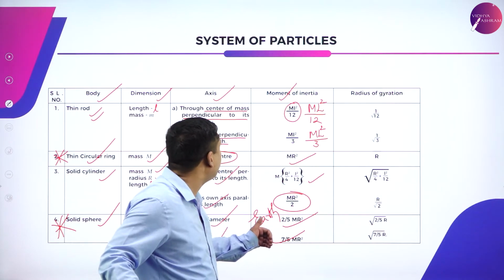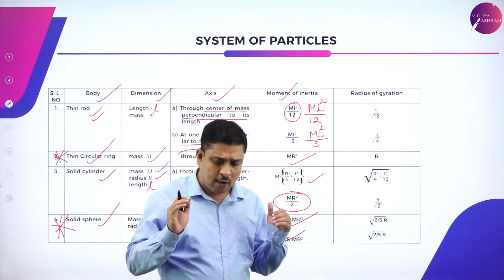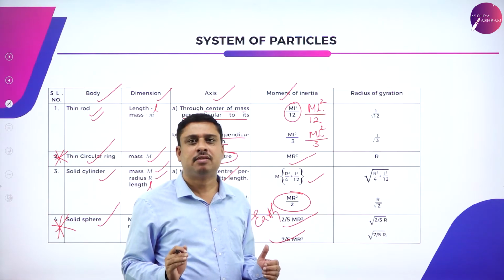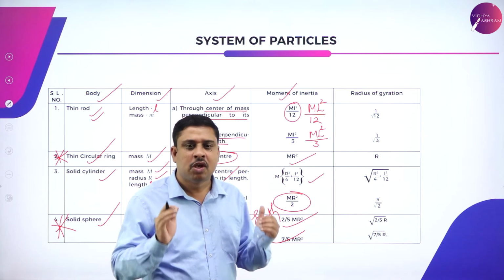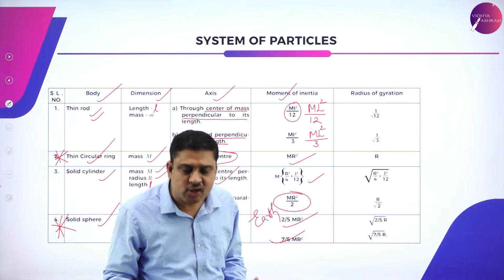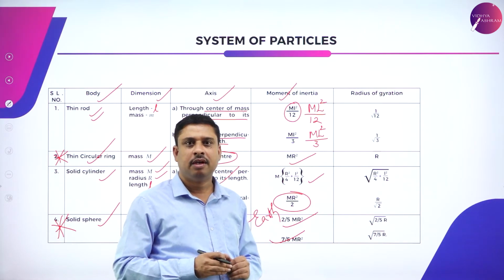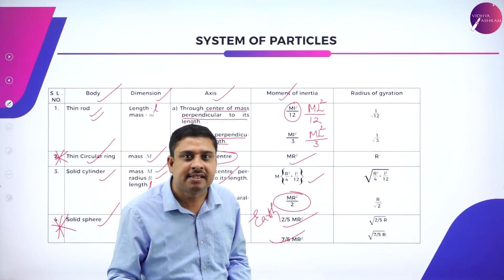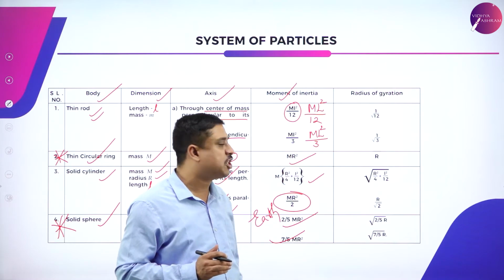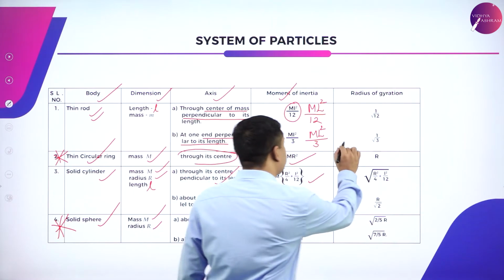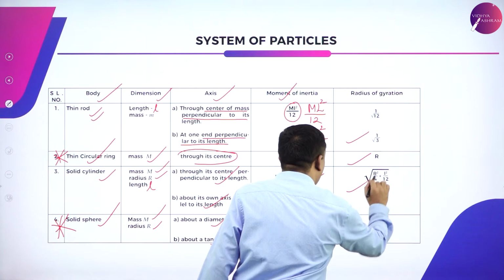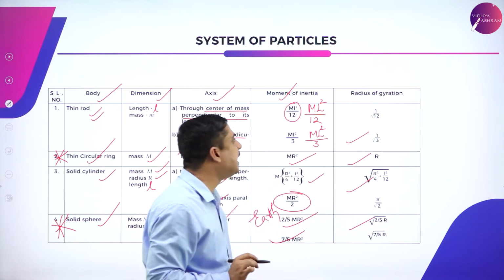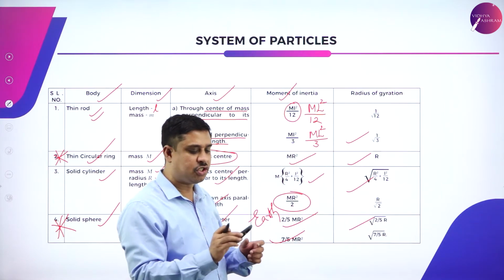So I have given you a table which illustrates objects of different dimensions, different axis of rotations, where moment of inertia is defined. With respect to that, we also have the radius of gyration.